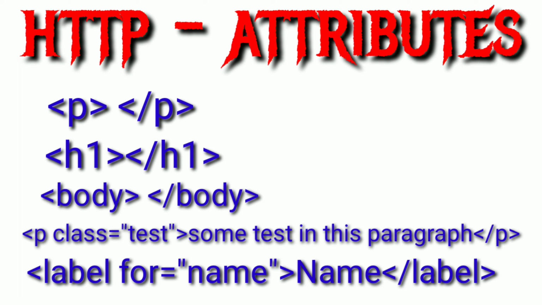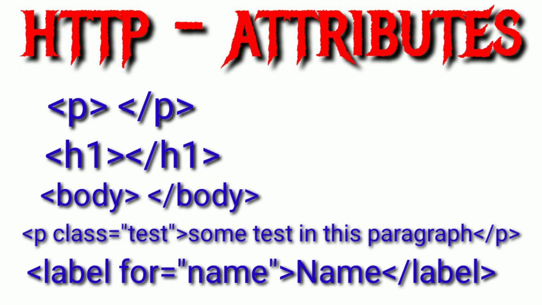Now we are going to discuss what attributes are. In this case, this is a class attribute with some text. And remember one thing: attributes are always put in the opening tag inside the angular bracket and never in the closing tag.